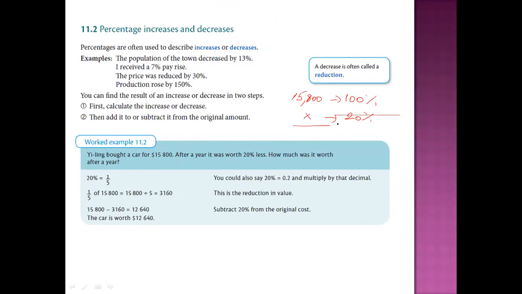Of course, it's X. So cross production: 15,800 times 20% divided by 100, the opposite of X. Simplify the zeros, and we have only 1,580 times 2.